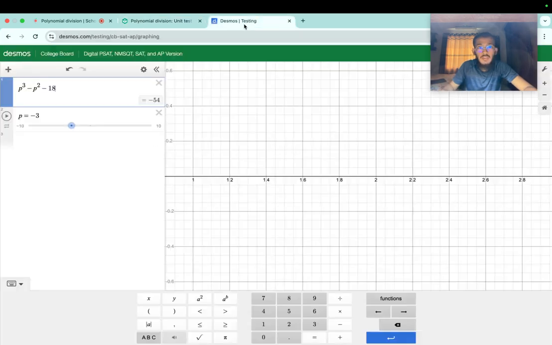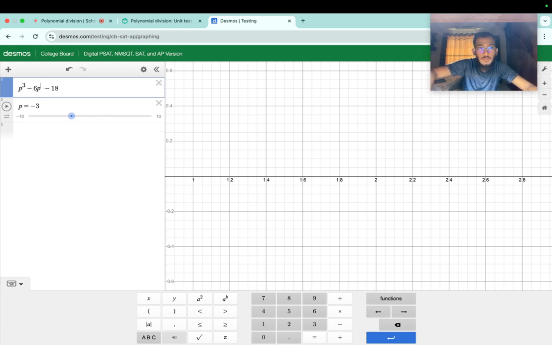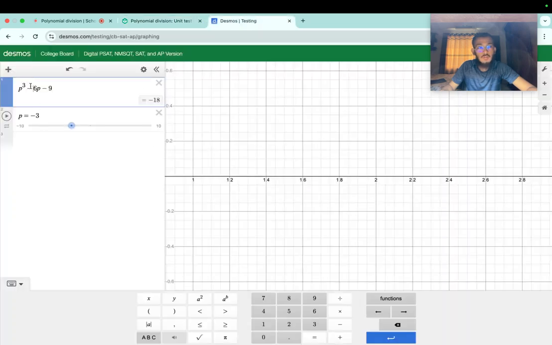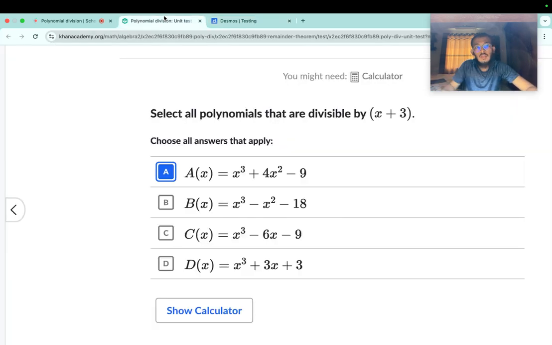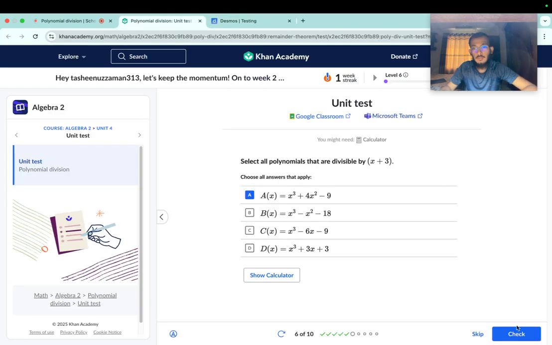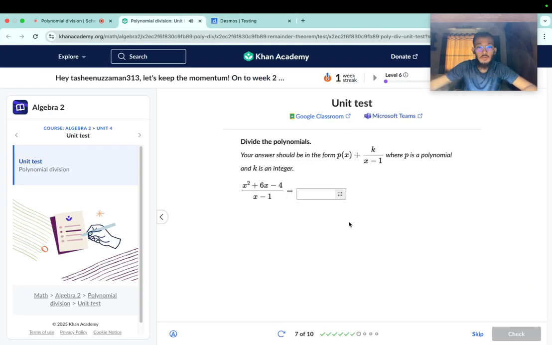Next, x cubed minus 6x minus 9 is not 0, and x cubed plus 3x plus 3 is not 0 either. Okay, so only A is our answer, because that gives us a remainder of 0.